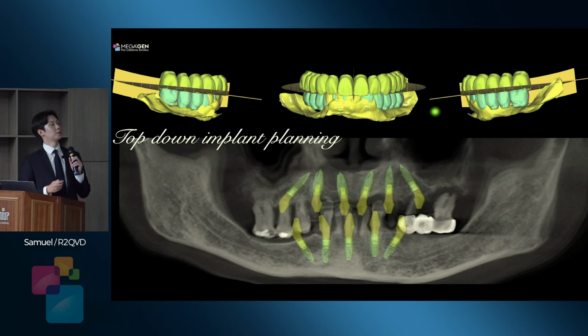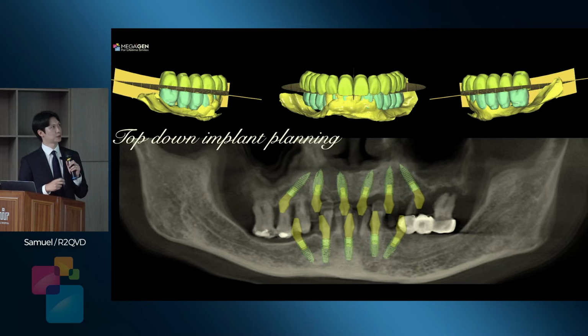Now, I just merge everything, right? And I know where the ideal tooth position is. Then I just choose the bone, where the good bone is with the crown. It's a very simple way. And using the blue diamond or blue diamond cup, I can place the implant like this.